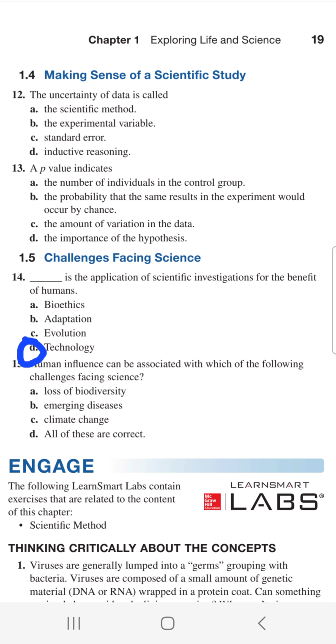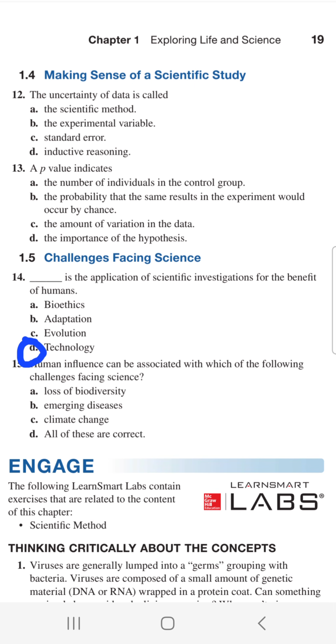Question number 15. Humans' influence can be associated with which of the following challenges facing science? Loss of biodiversity. Who's doing it? Us, because we are destroying lands. Emerging diseases, again humans also.